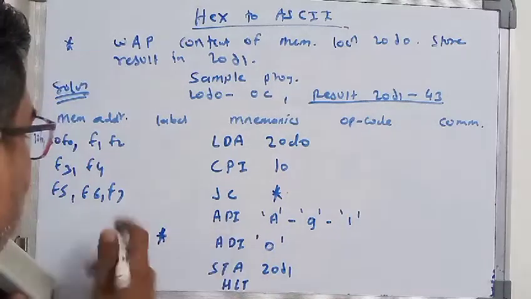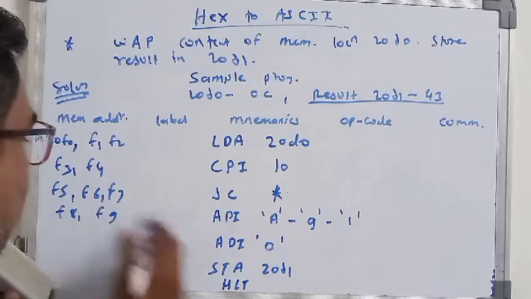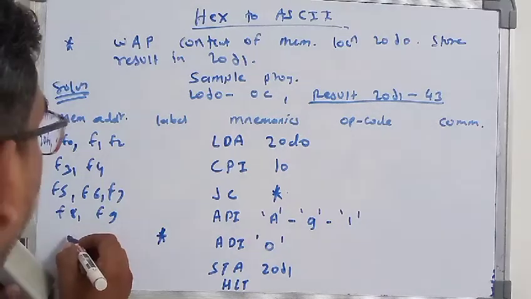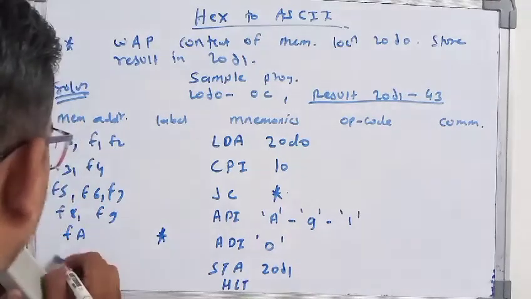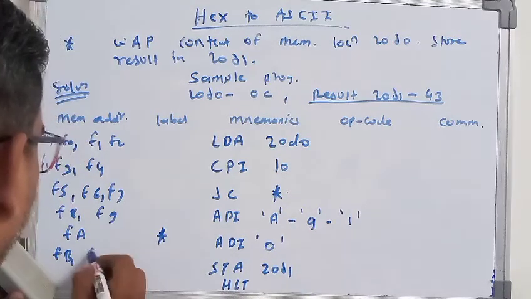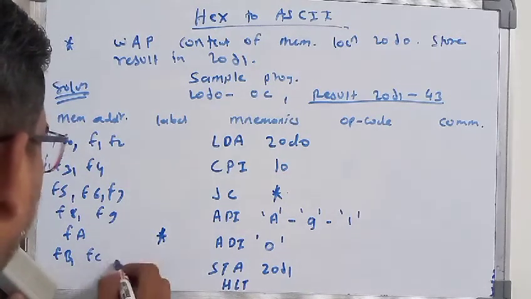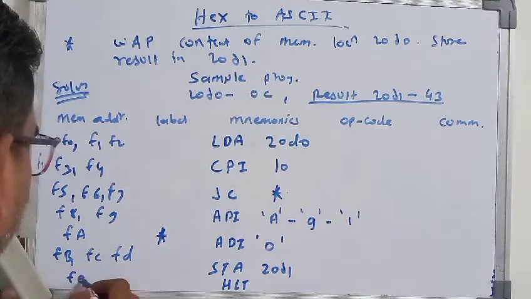So here the two, that is for the ADI you will require F8, F9. It is F10 means FA, then STA, FB, this D1, D2, FC, FD, and then for the halt it requires FE.